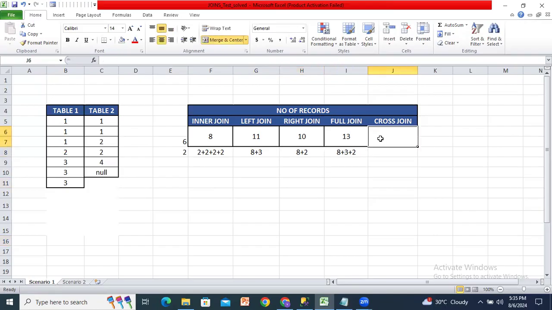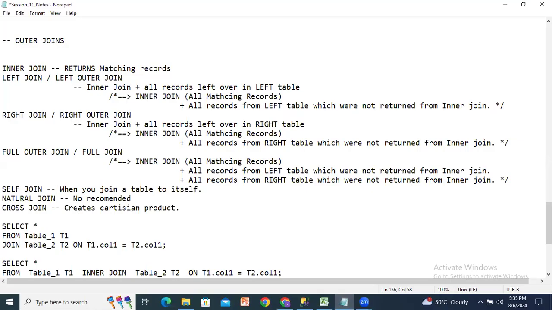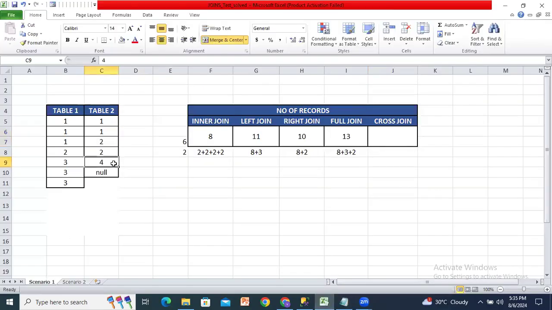Next, cross join. What is the cross join? It's called a Cartesian product, so just multiplication. For example, in table 1, how many records? 7 records. Table 2, how many records? 6 records.